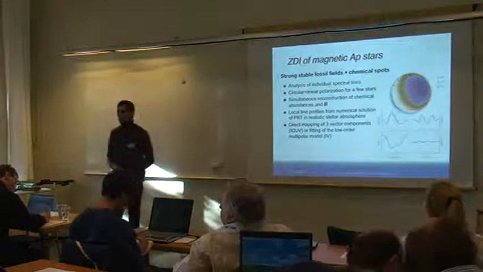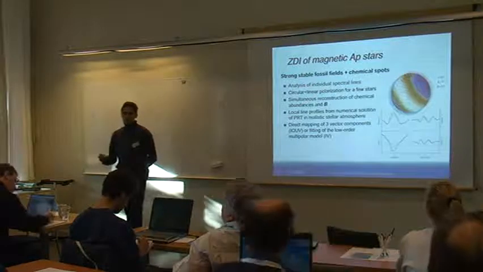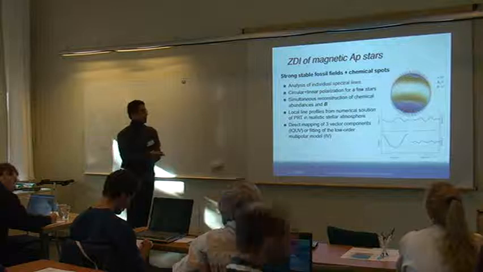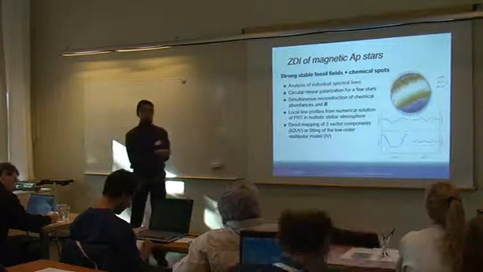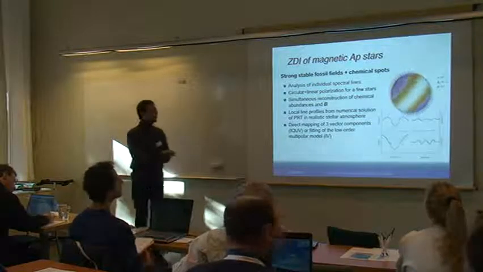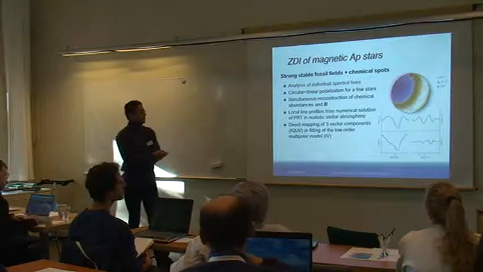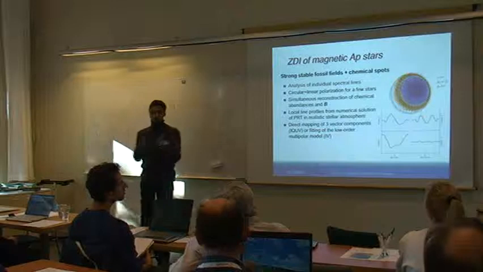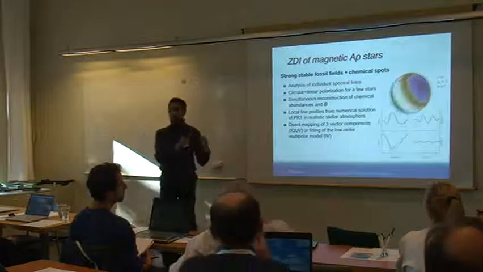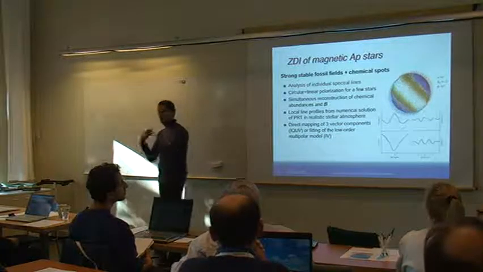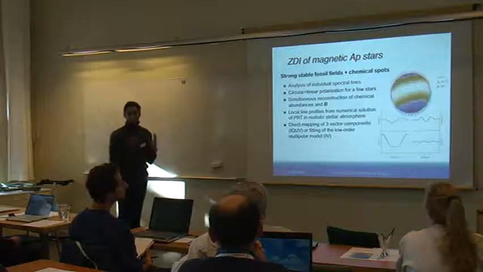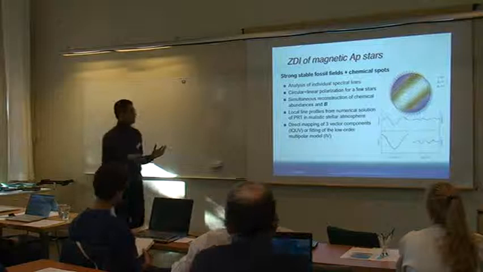So, starting with early type stars, magnetic Ap stars, these stars have rather strong magnetic fields, typically kilogauss and more, and these fields are believed to be fossil, meaning that stars have acquired them somehow, we don't know how, during their formation, and then the field remains stable on timescales accessible to us.